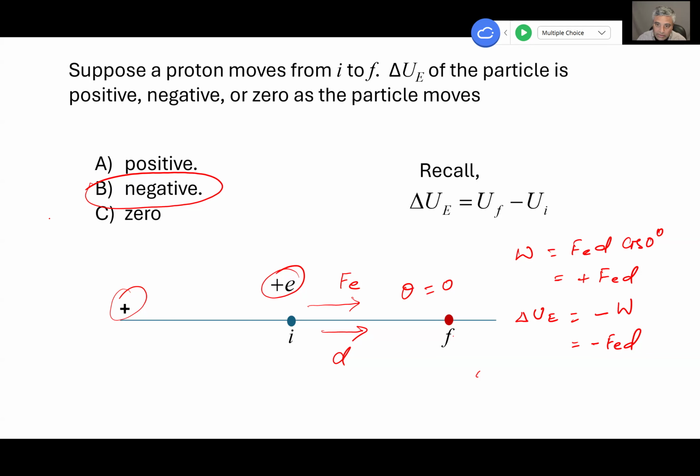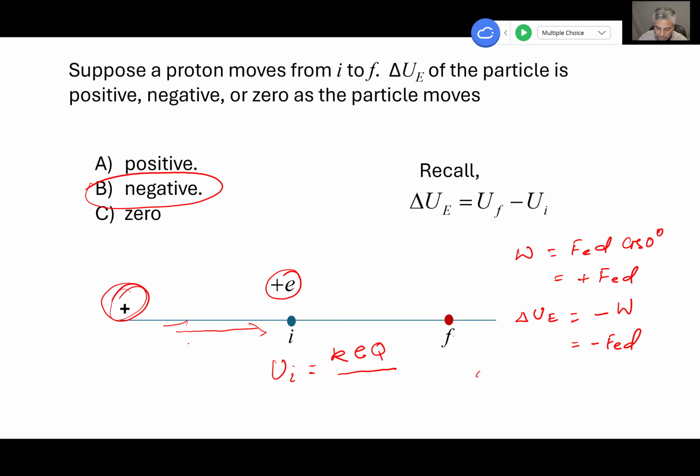There is another way you can do it. For example, let's use the formula for potential energy. So U_i here is K, and this charge is e positive, and this is some positive charge, let's say Q. And let's say this distance is not given, so we call it R1.